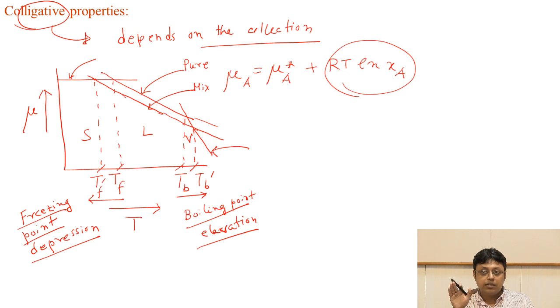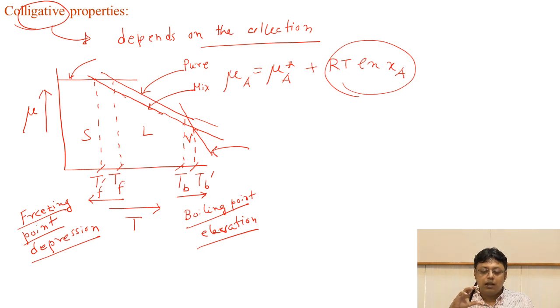So only in the liquid state the solution exists, and the chemical potential of the solvent, which was pure liquid, and when we added the solute, it becomes a solvent, and then that solvent's chemical potential is actually suppressed in the presence of a solute.